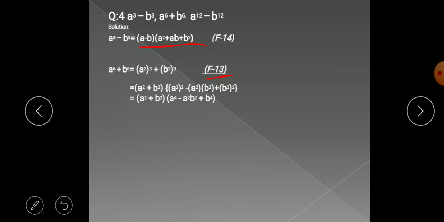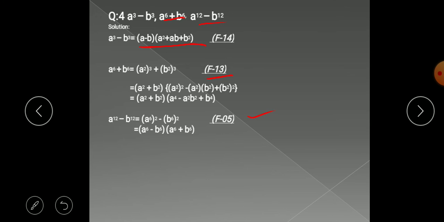Now again I have to find the factor form of a12 minus b12. a12 minus b12 equals the square of a6 minus the square of b6. First of all, I have applied here formula number 5. So it will give me a6 plus b6, a6 minus b6.